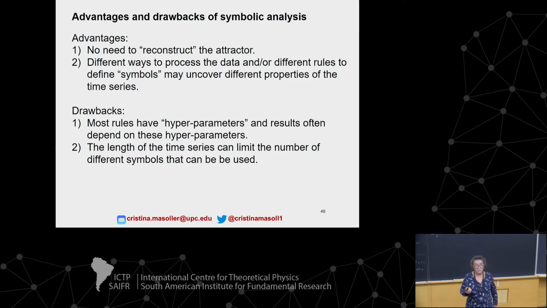And also, if your time series is short and you want to compute the probabilities, you cannot have very long words, because that means there are many, many possible words. It's impossible to see if one really has 0 probability, or if your data is too short and you don't have enough data.